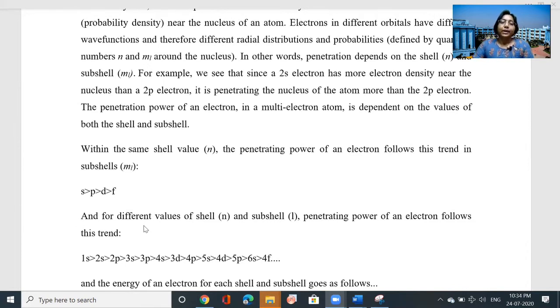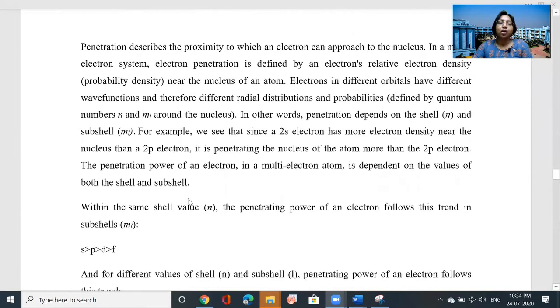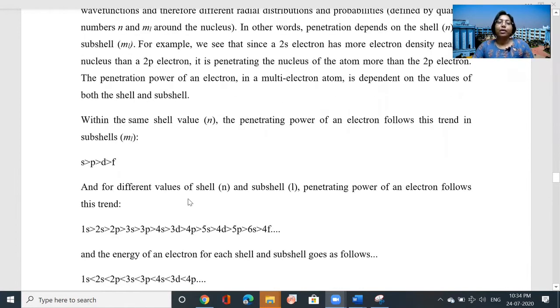So what is the sequence of s, p, d, and f? Within the same shell, s is higher than p, p is higher than d, and d is higher than f. So orbital penetration for s is higher than p, for p is higher than d, and for d is higher than f.